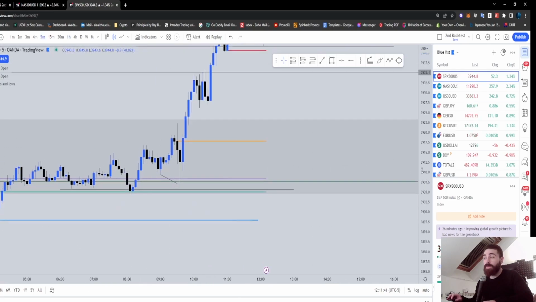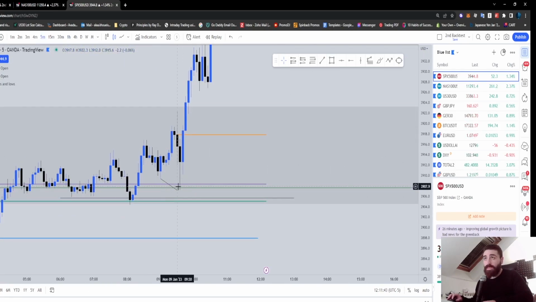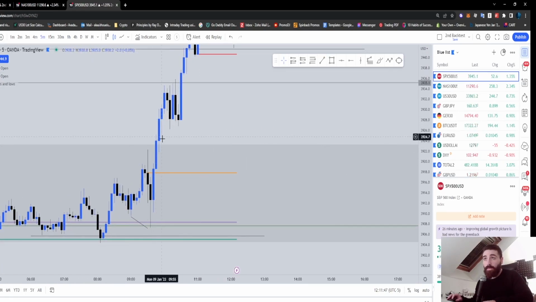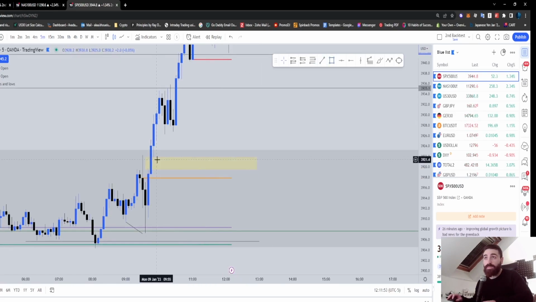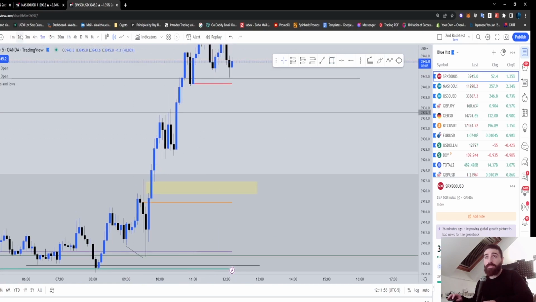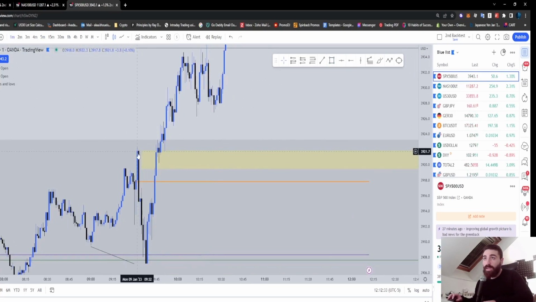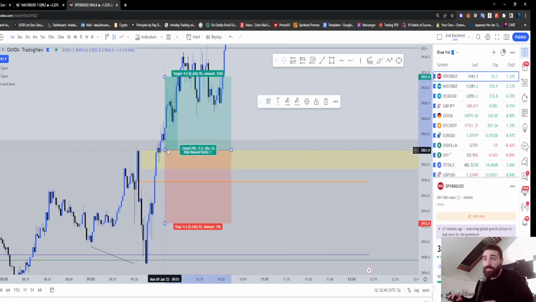As we can see, this is the liquidity. We went above. This is the fair value gap that we wanted to stay open. This is the 1 minute actually, and we retested. This is the breaker right here, and we retested it right here.